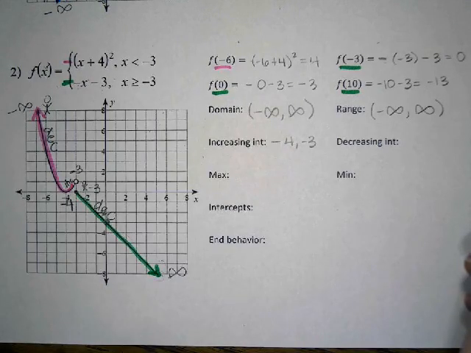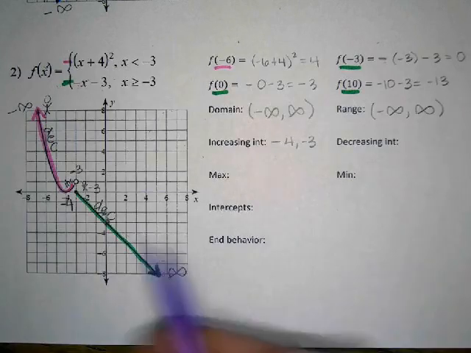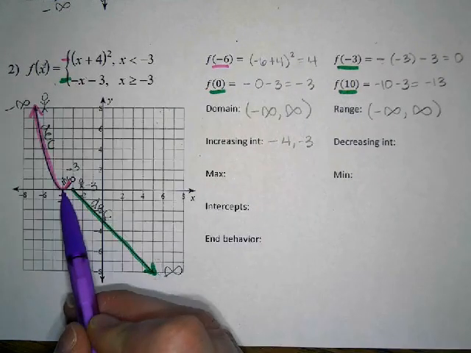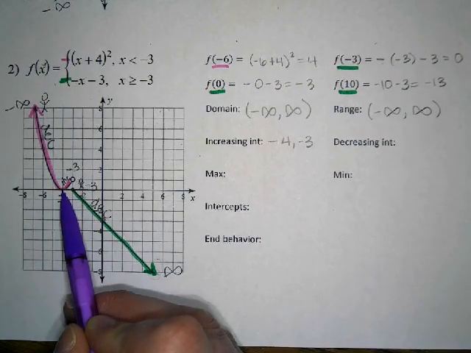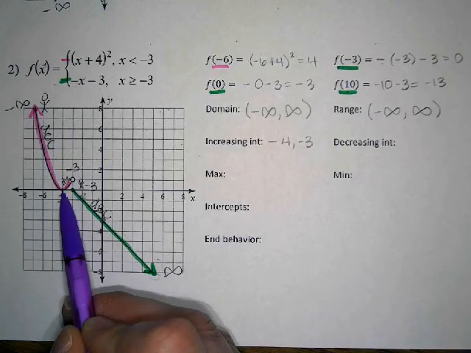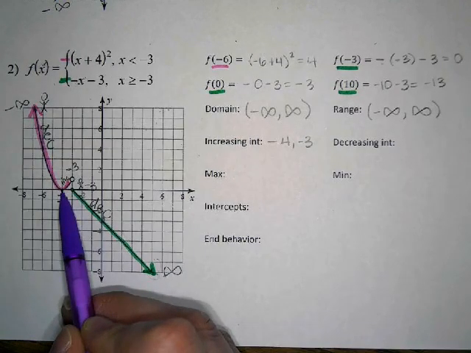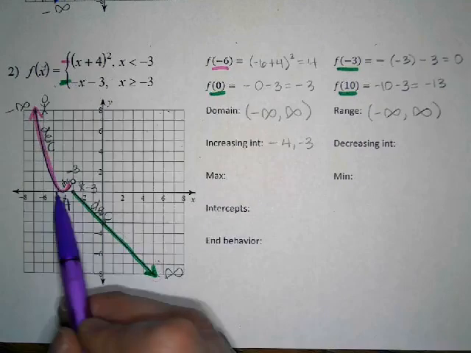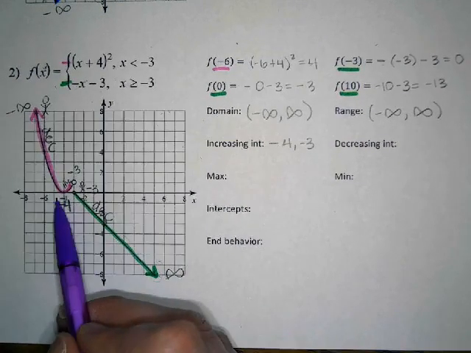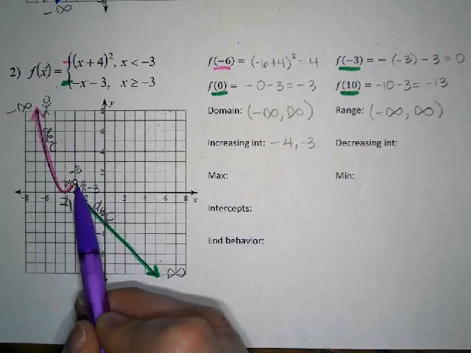Why does it make sense to put a parenthesis on -4? Yeah, you're not increasing, you're not decreasing, you're in a neutral space in between. Why does it make sense to put a parenthesis at the -3? Yeah, it's a hole, it's not actually on the graph. That point isn't really there.